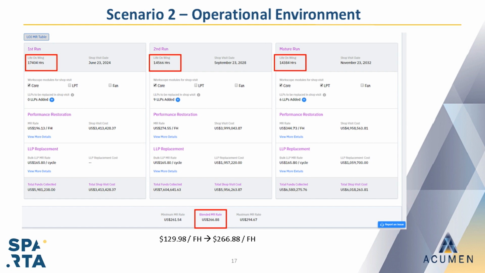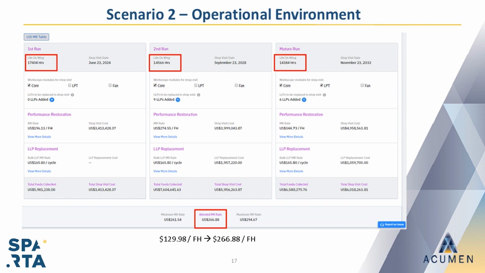By comparison, if we operate the same hour to cycle ratio, the same level of derate, and the same engine type in the Middle East, the estimated first run is almost half that of Central European operation, down to 17,404 flight hours from 33,138.